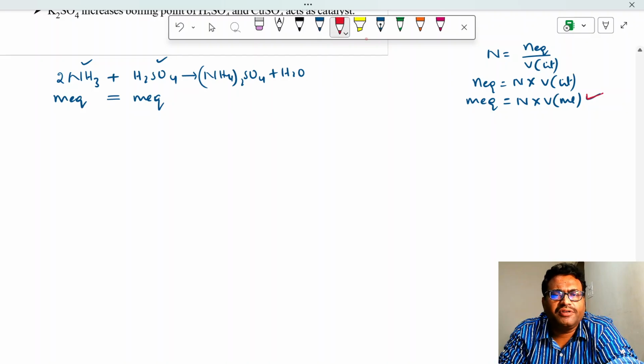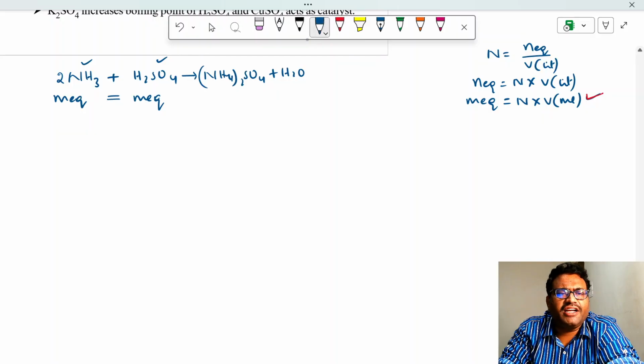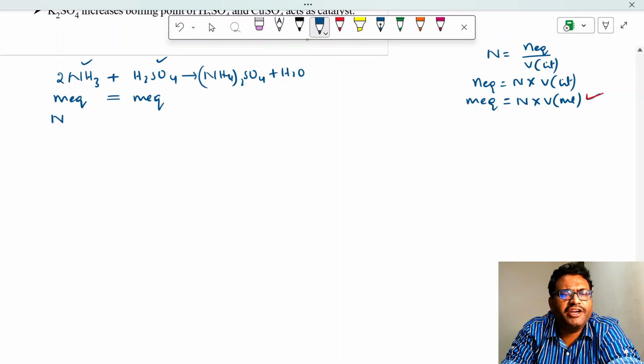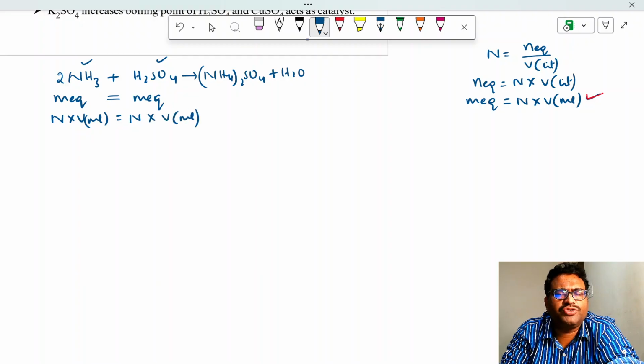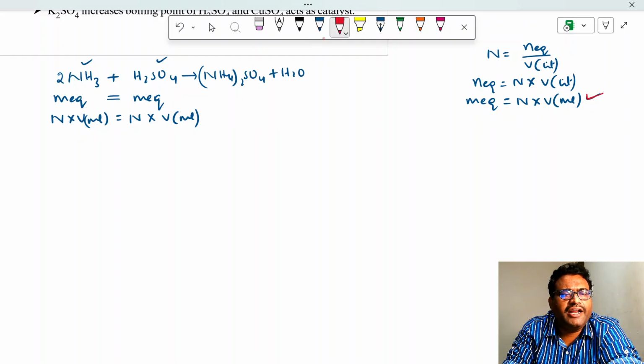That means I can write normality into volume of NH3 is equal to normality into volume in ml of H2SO4. Now I am taking, let the milliequivalents of NH3 be X.